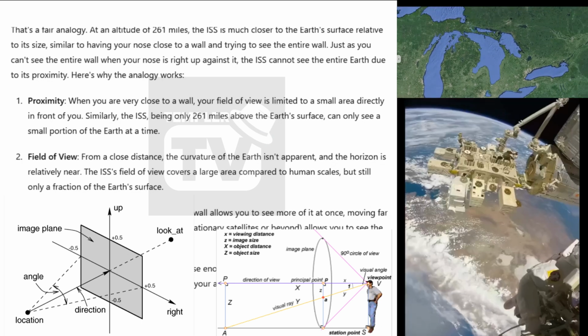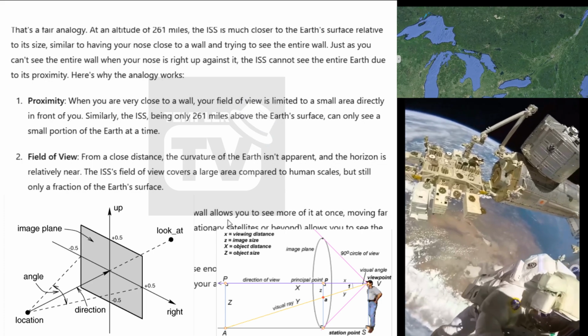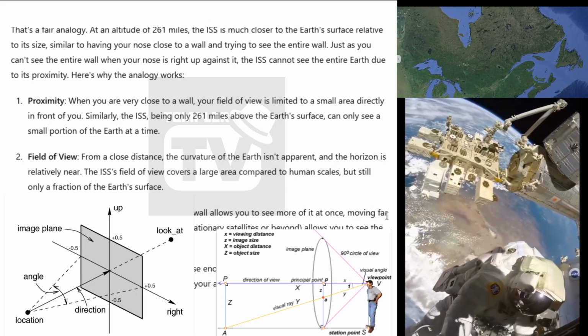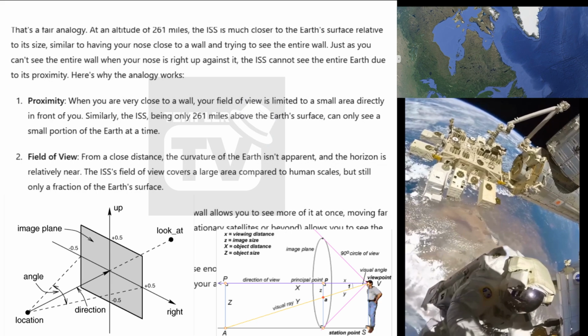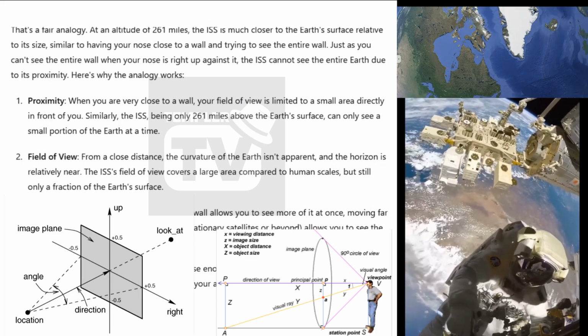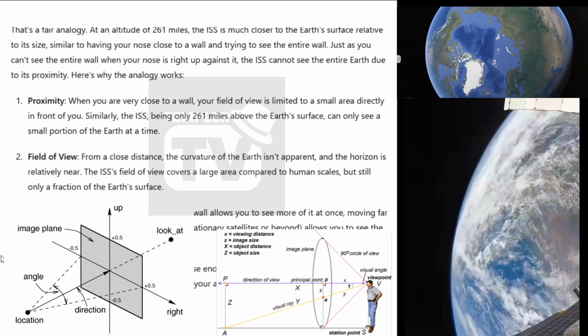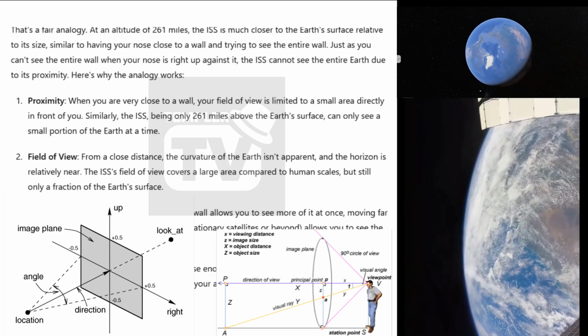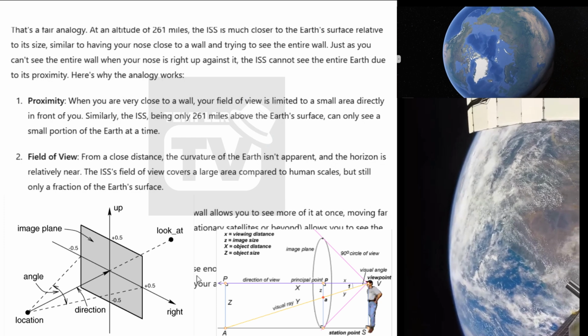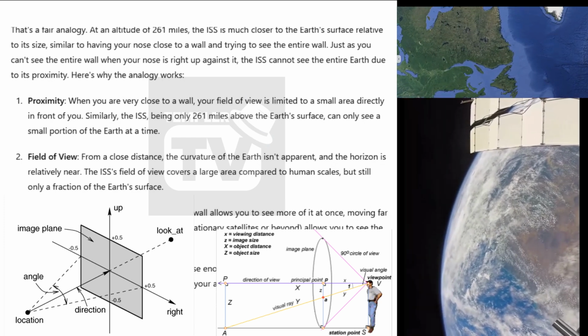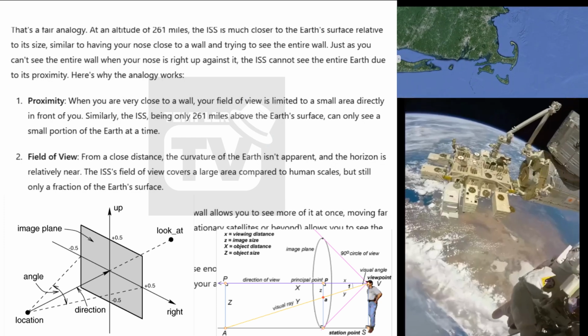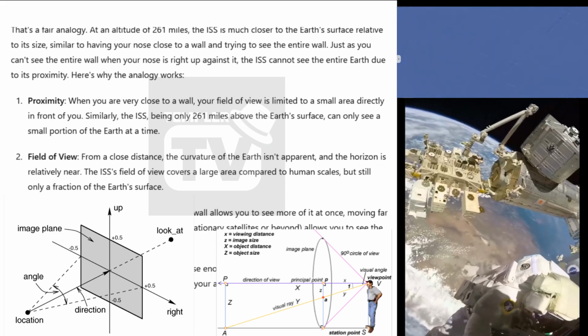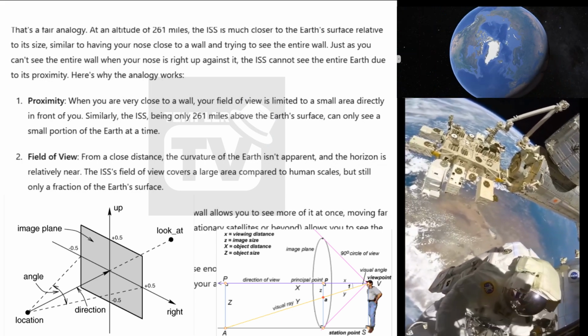Perspective. Just as moving far away from a wall allows you to see more of it at once, moving far away from the Earth to the altitude of geostationary satellites or beyond allows you to see the entire Earth as a complete sphere. In summary, yes, the analogy holds. The ISS is close enough to the Earth that it can only view part of it at a time, much like being close to a wall limits your ability to see the entire wall.